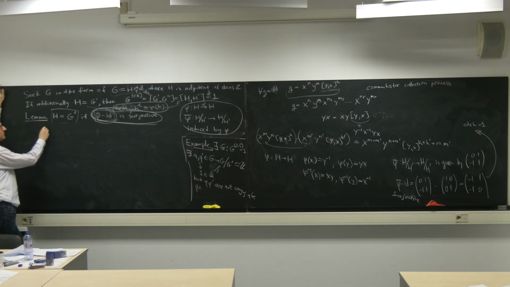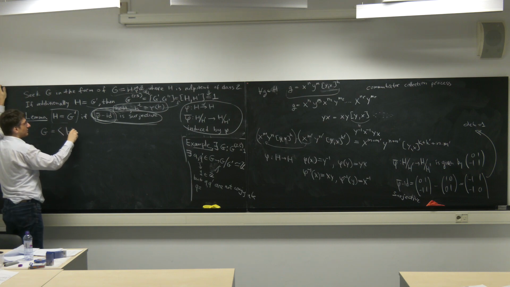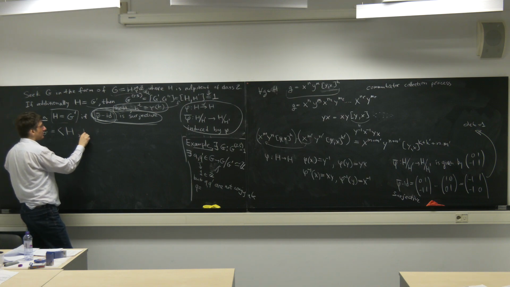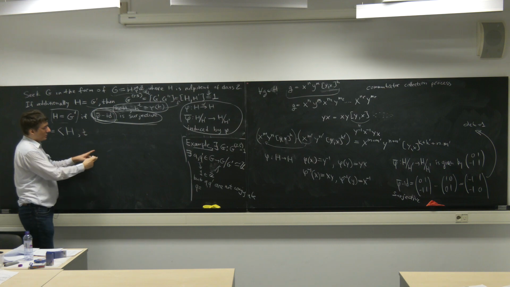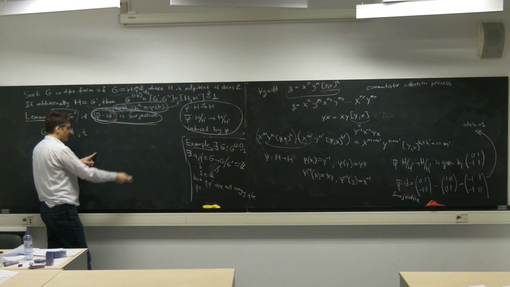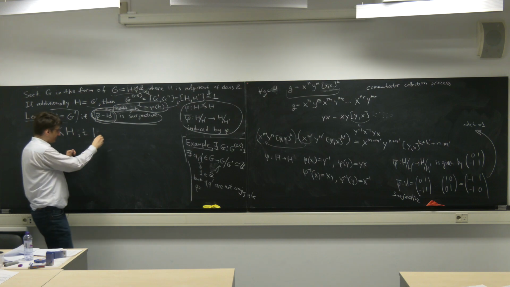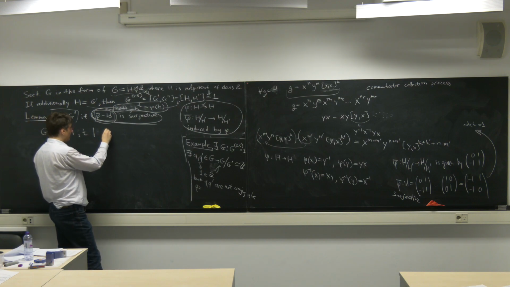Well, G has the following presentation. It is the presentation of H that we had before, and we add to it one new generator T, which corresponds to this generator of the mapping torus geometrically, and we add relations of the following type.